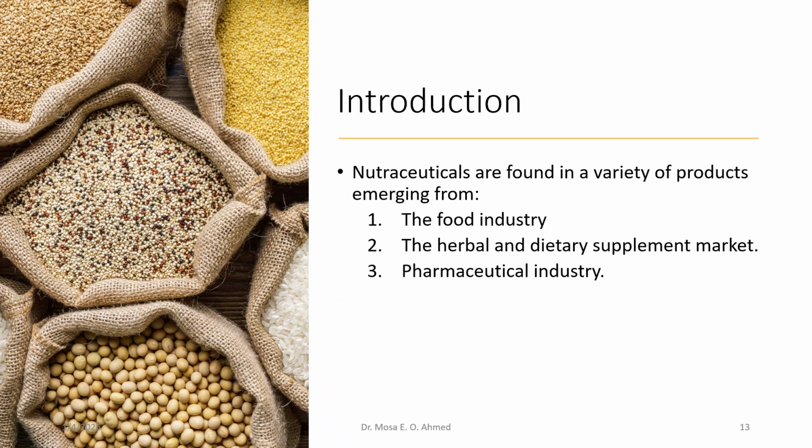And due to the intermediate classification of nutraceuticals between nutrient and medicine, or between food and medicine, nutraceuticals are found in a variety of products in the food industry, in the herbal and dietary supplement industry and market, and in the pharmaceutical industry.